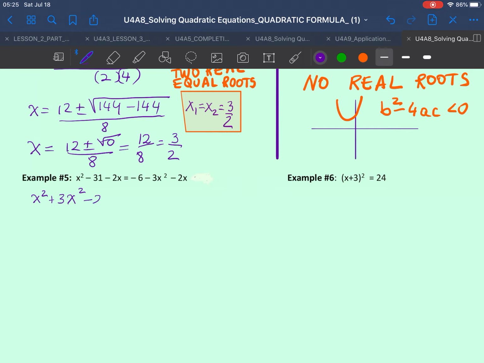And then we have the term negative 2x on the left side, and the other negative 2x will join, right, because it's on the other side. And then we have negative 31 on the left, and positive 6 will join as well. So we got 4x squared here, minus 2x plus 2x, 0x, and negative 31 plus 6 would equal negative 25.